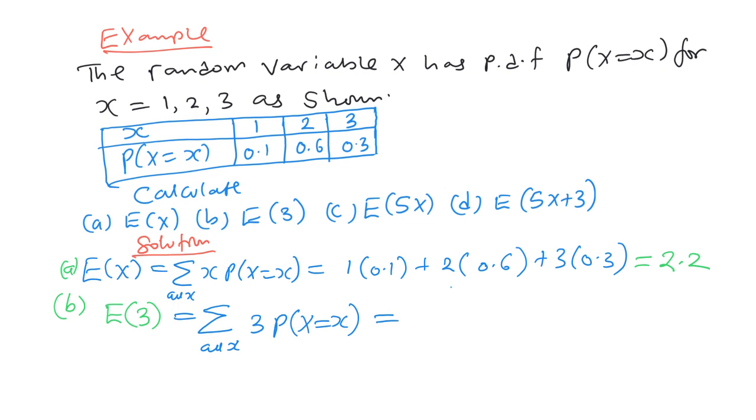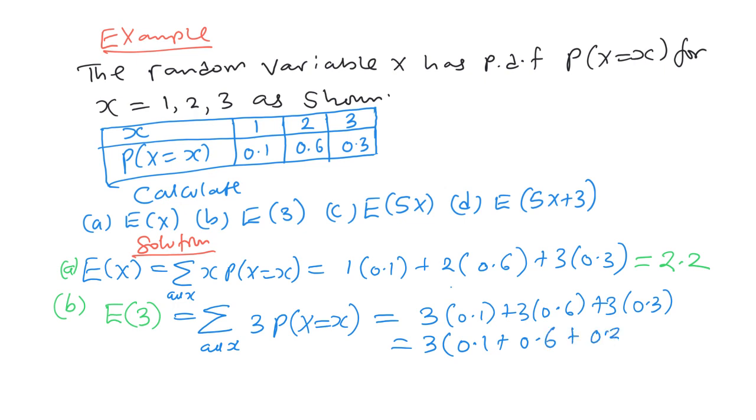So we get 3 multiplied by 0.1 plus 3 times 0.6 plus 3 times 0.3. That is the same as 3 into 0.1 plus 0.6 plus 0.3. But we know that these probabilities sum up to 1 since it is a discrete random variable. Therefore, the answer is 3. So there is something interesting about a constant.